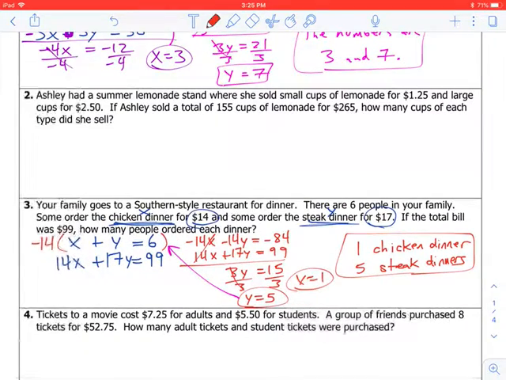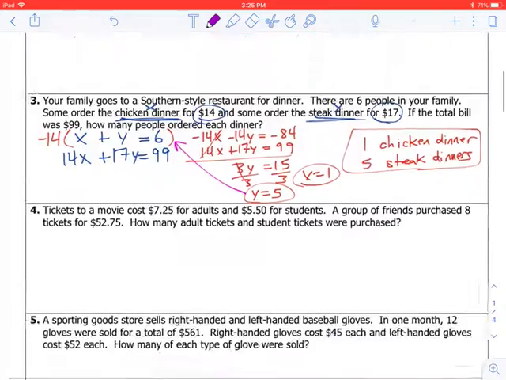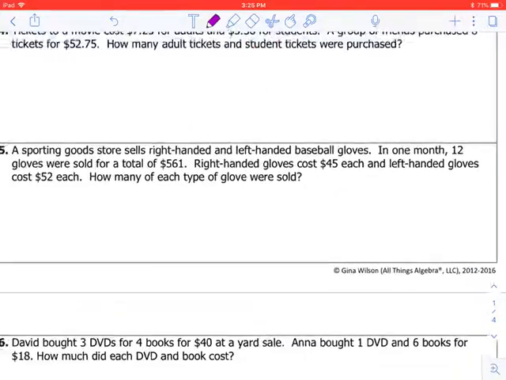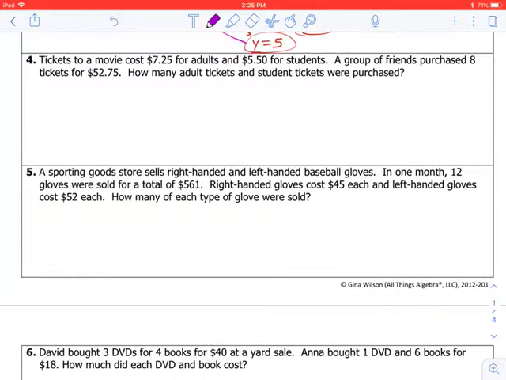All right. So, kind of the same thing on the next one. Number 5, sporting goods store. So I've got right-handed and left-handed gloves. So already I can kind of see what we're looking at here. X and Y are right-handed and left-handed. So in 1 month, 12 gloves were sold for a total of $561. So I can already see my two totals come together.